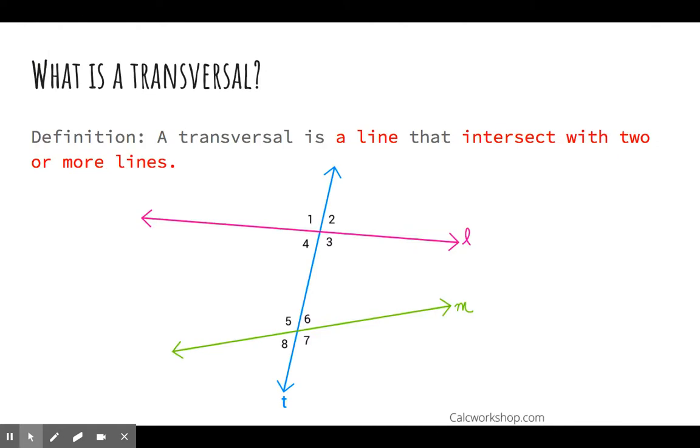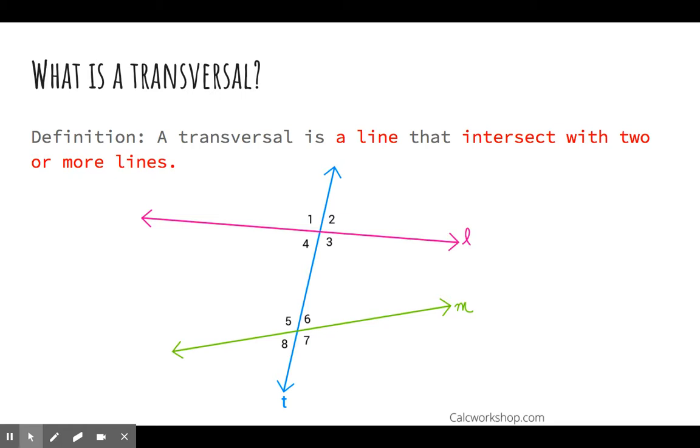Okay, so let's go ahead and delve into the new lesson, and the first thing we're going to talk about is the transversal. So let's define it. The transversal is a line that intersects with two or more lines. So we have that the transversal is a line, that's how it looks, and it has to intersect with two or more lines. So can you guess in that picture which line is a transversal?